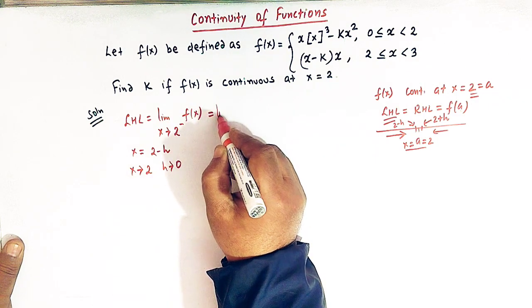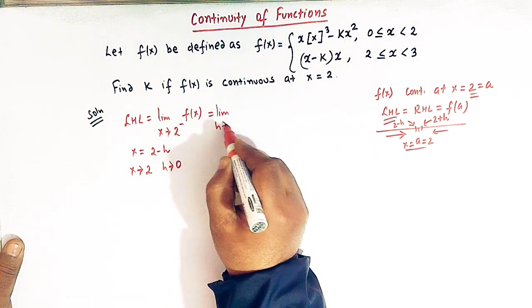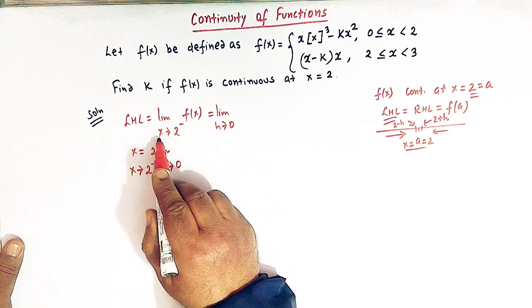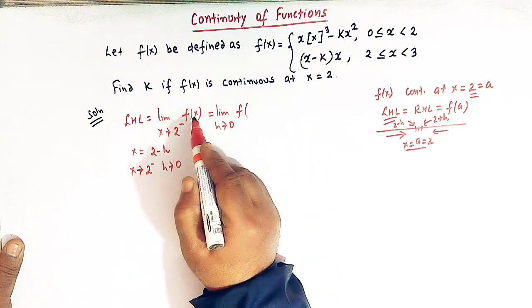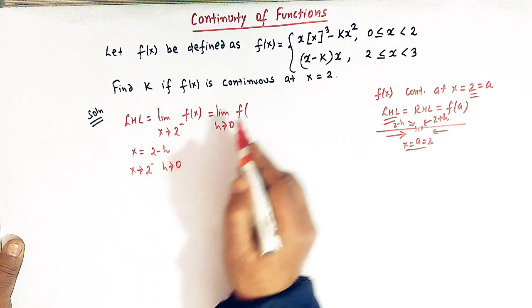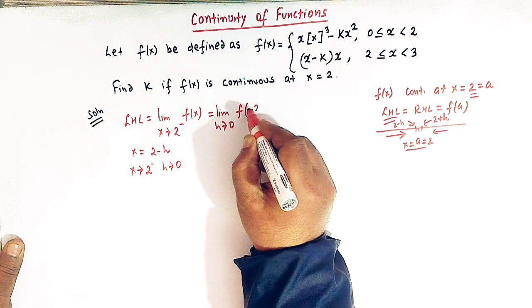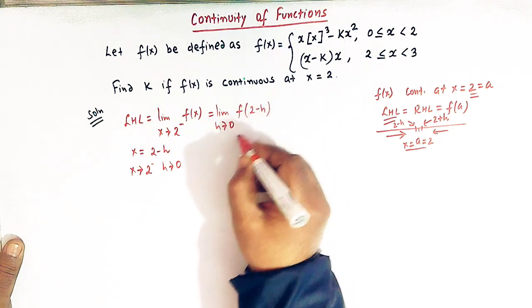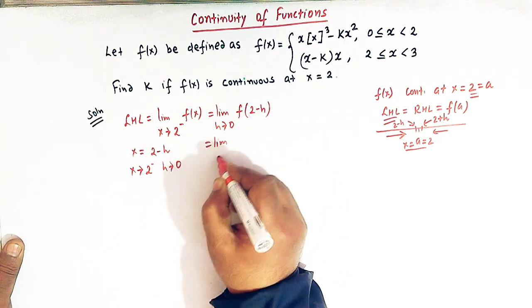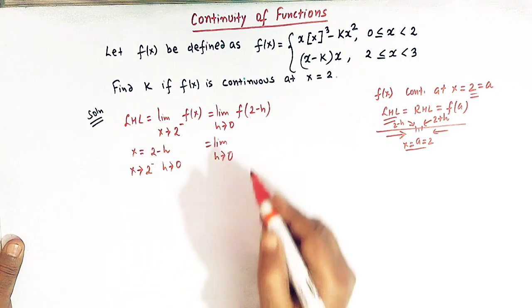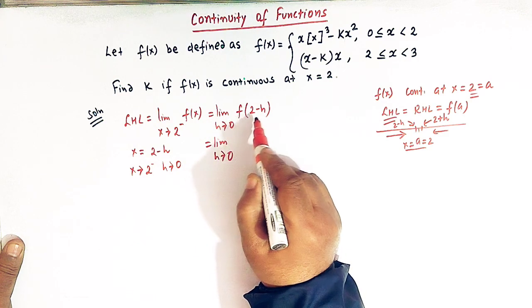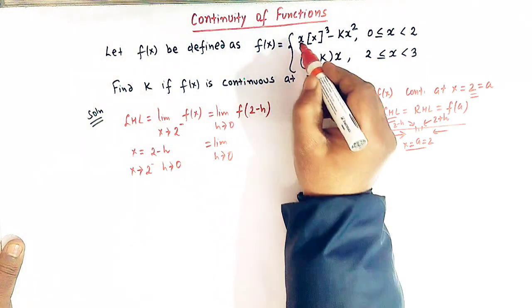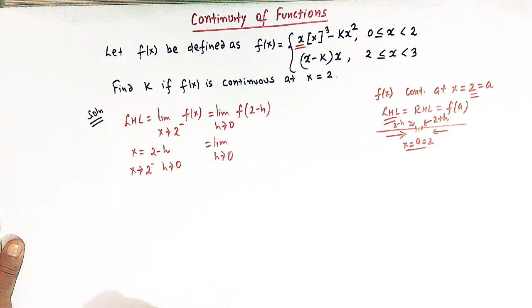So we have limit h tends to 0 of f(2 minus h). So now we can easily find out the value of f(2 minus h) from this expression, right?